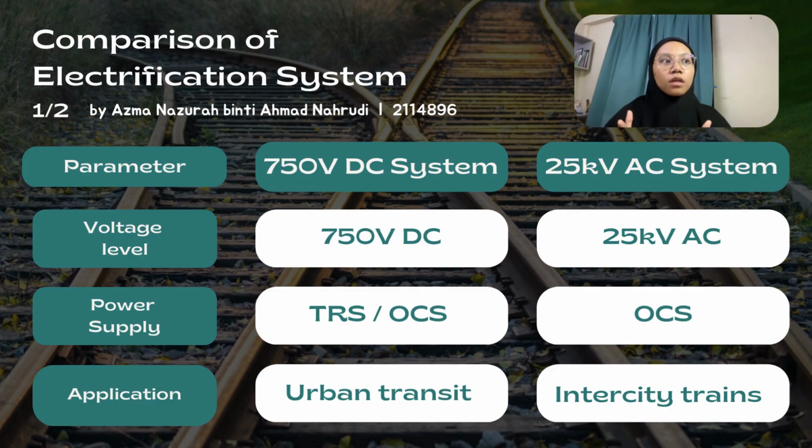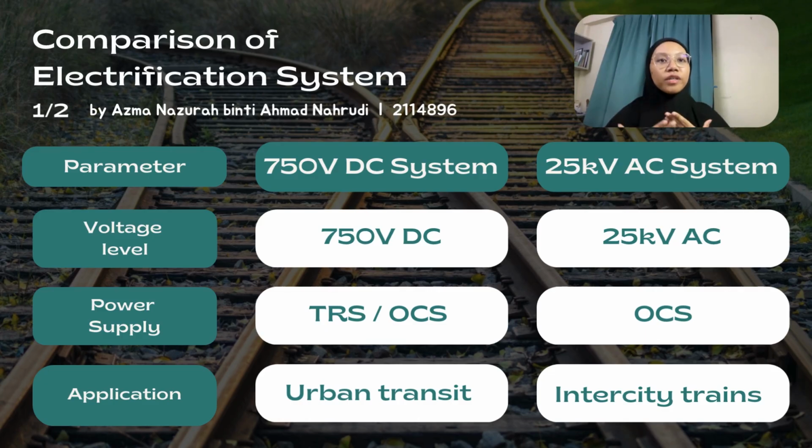Because when we talk about 25 kV AC system, we can easily look at how big the voltage is, right? So when we think about TRS, the third rail system, it's based on the ground, where there are people nearby, there are possibilities of people walking.